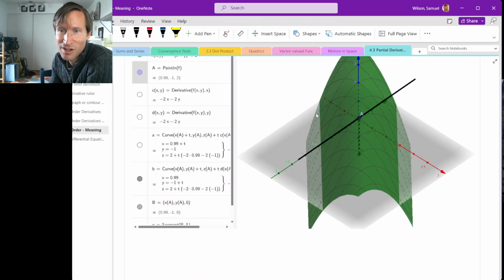As we keep moving in the positive y direction, that slope becomes negative. Okay? So as we move from the negative y side of our target point to the target point to the positive y side of the target point, our slopes are going from positive to 0 to negative, and so this derivative is negative.